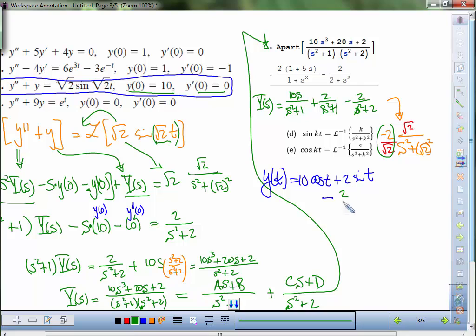So 2 over root 2 times, now this whole thing can transform into the sine function. And not just the sine function, it's a sine with a coefficient square root of 2, t.